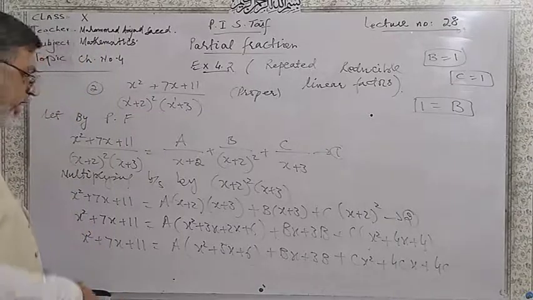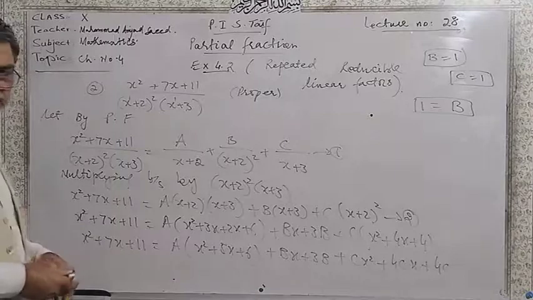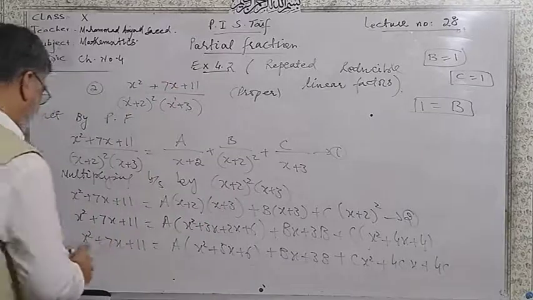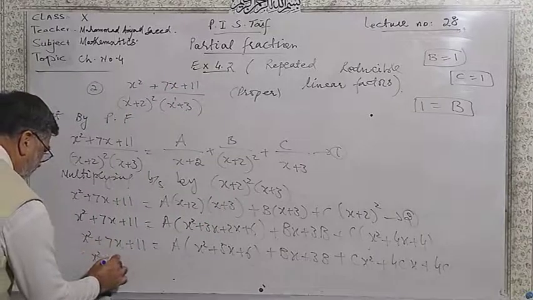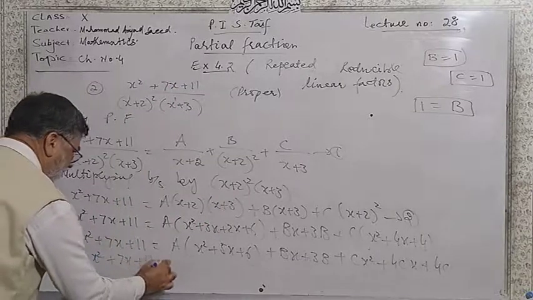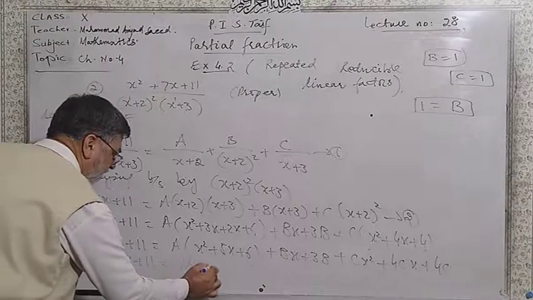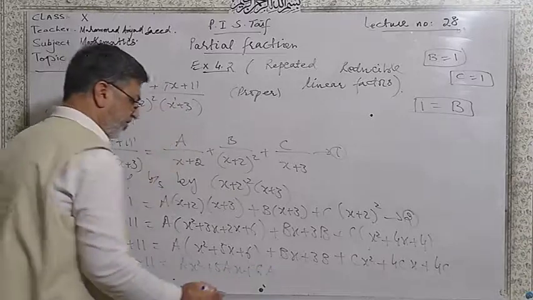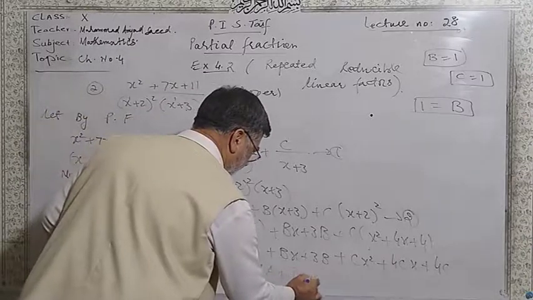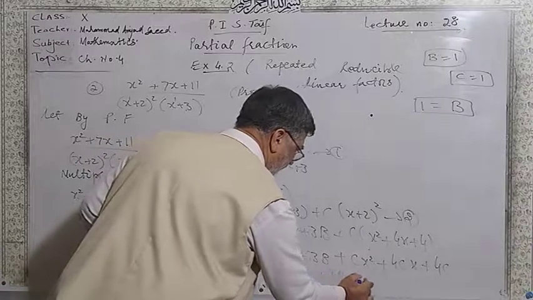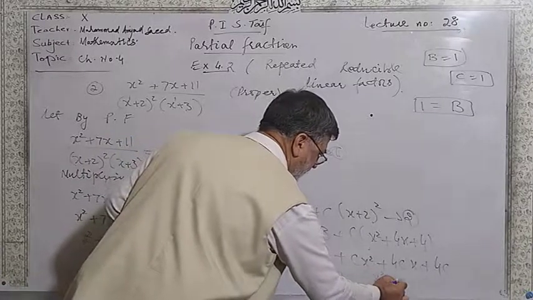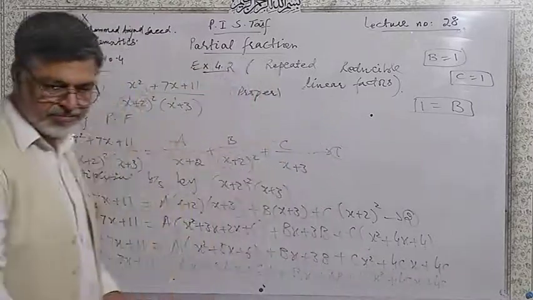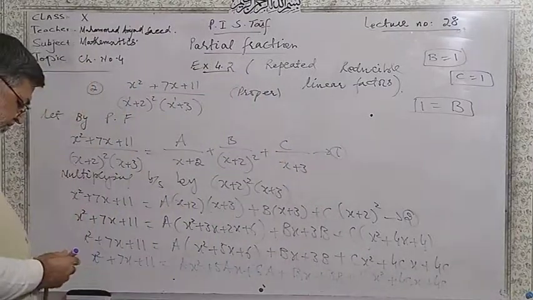So x square plus 7x plus 11 equals ax square plus 5ax plus 6a plus bx plus 3b plus cx square plus 4cx plus 4c. You can check.